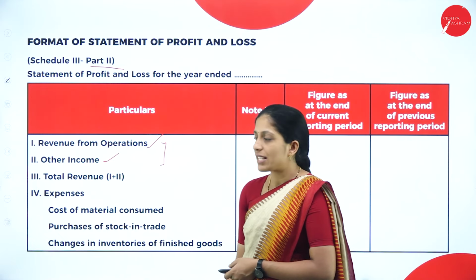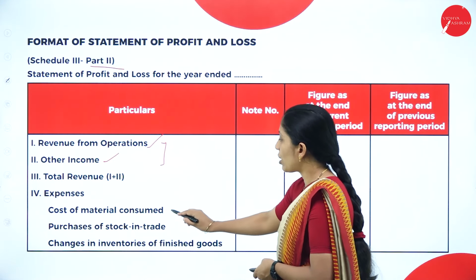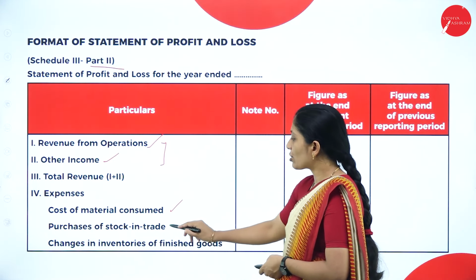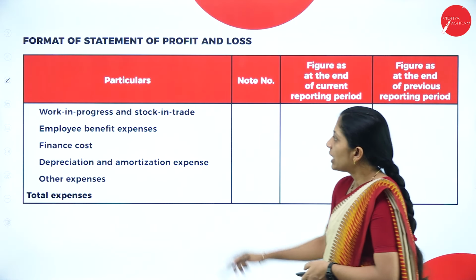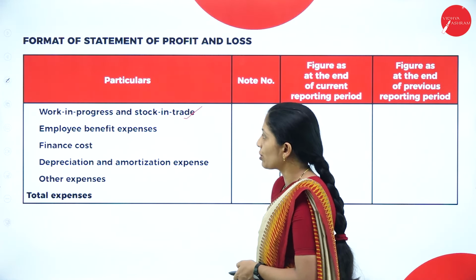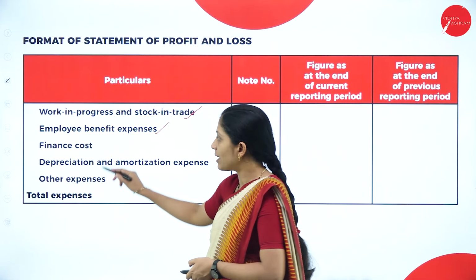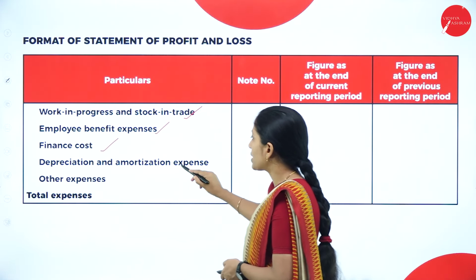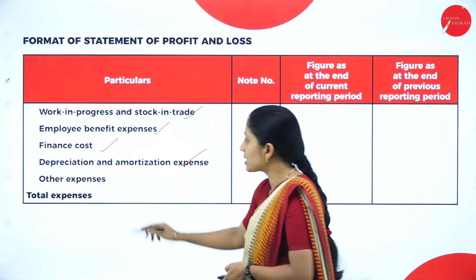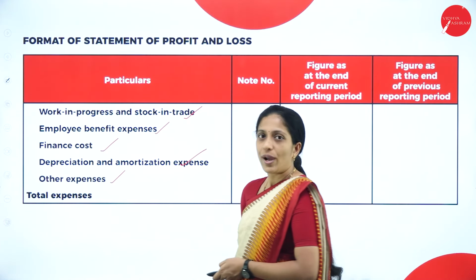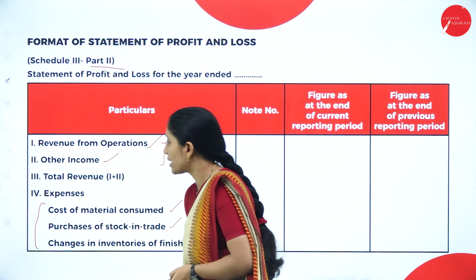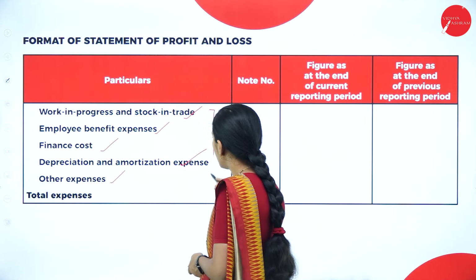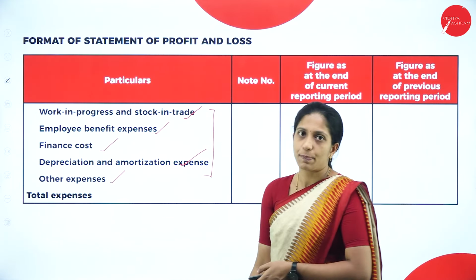4 is expenses. So under expenses we have cost of material consumed, purchase of stock in trade, changes in inventory of finished goods, work in progress and stock in trade, employee benefit expenses, finance cost, depreciation and amortization expenses, other expenses. When you add all these expenses, you will get total expenses.